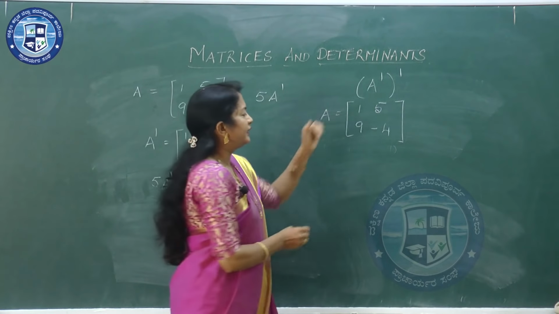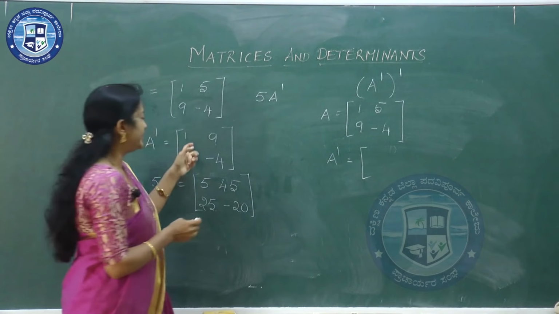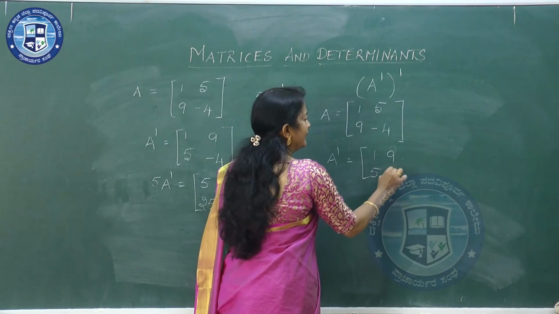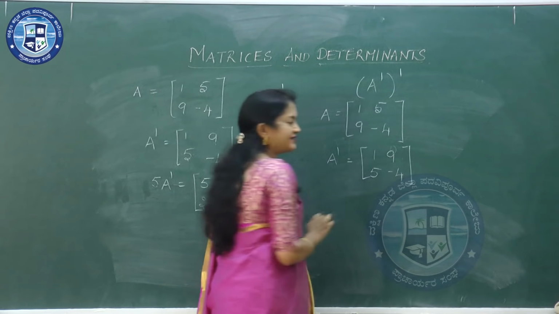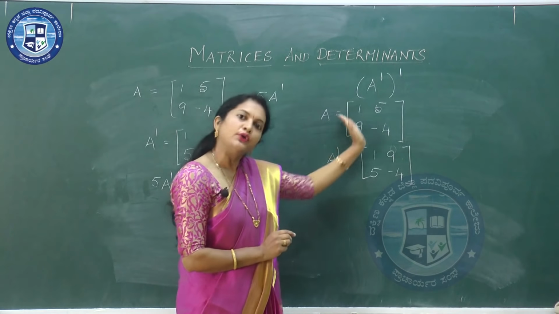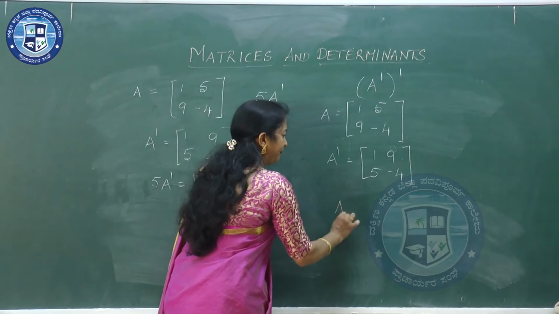Now, what is A transpose? We already found it: 1, 9, 5, minus 4. This is A transpose. What we have to find now is A transpose whole transpose. That means once again you have to find the transpose.